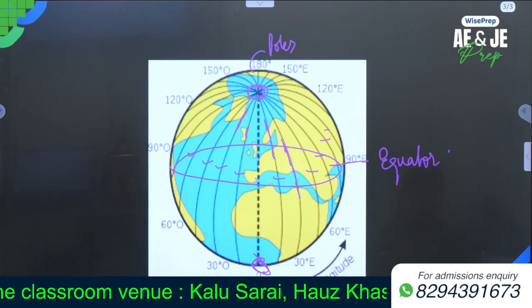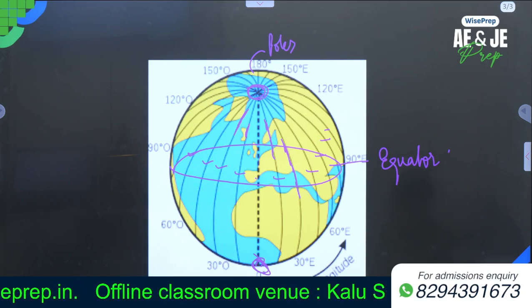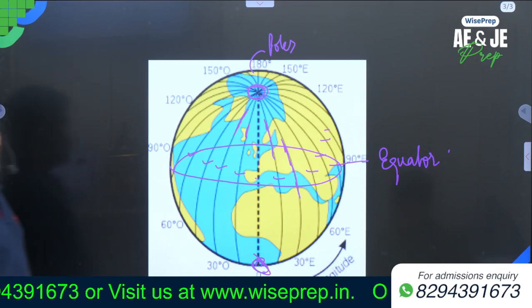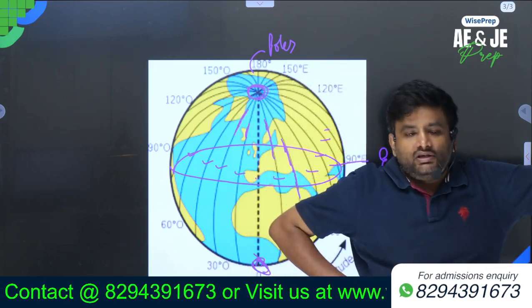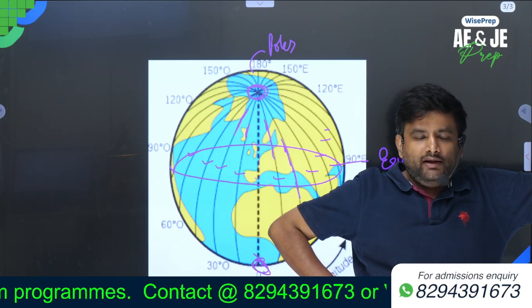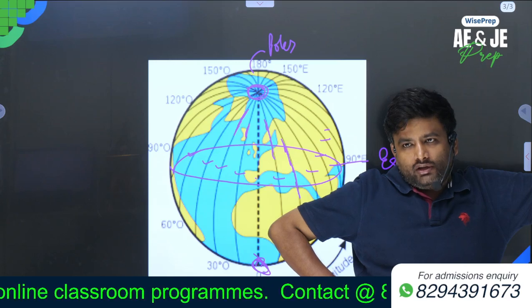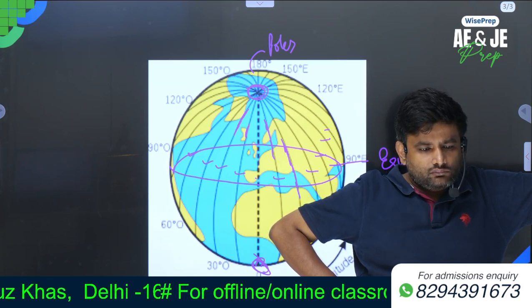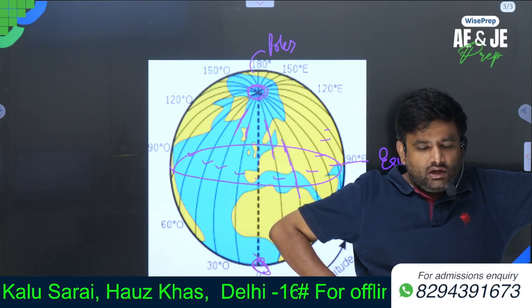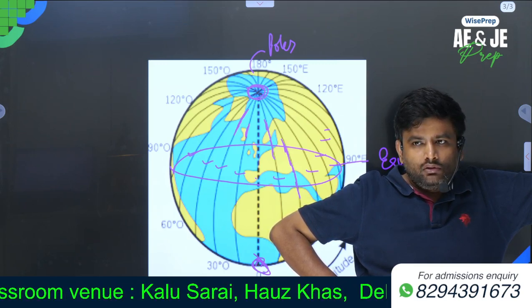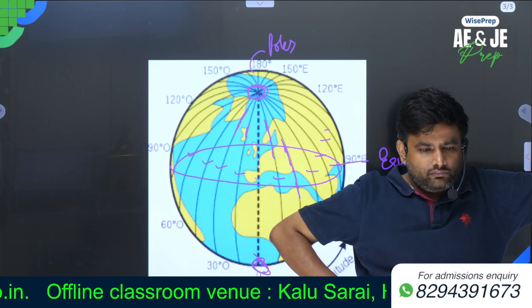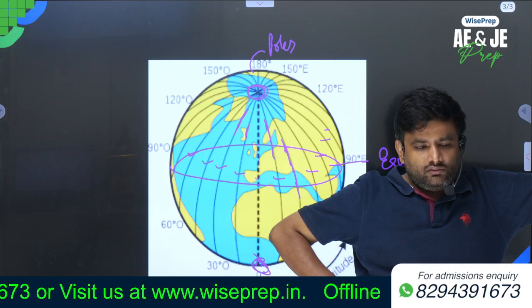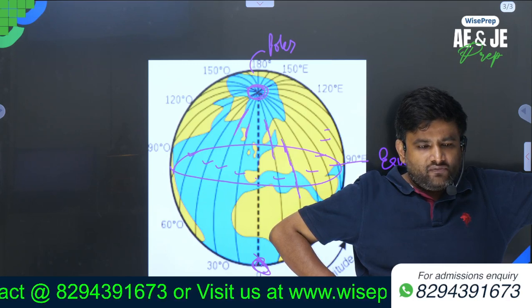Write down: any line passing through the geographical north and geographical south poles, intersecting with the surface of the earth.